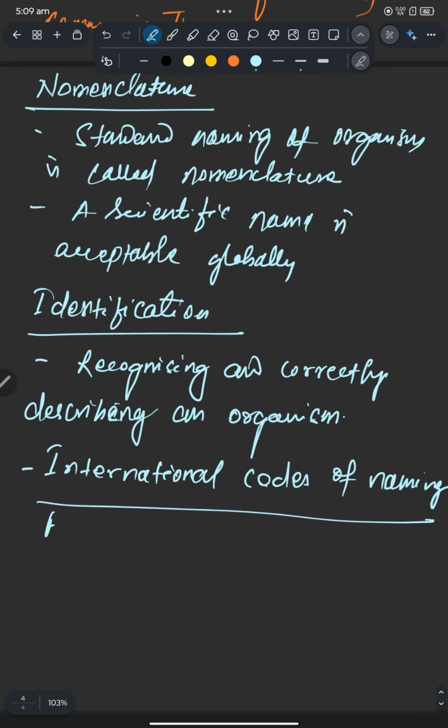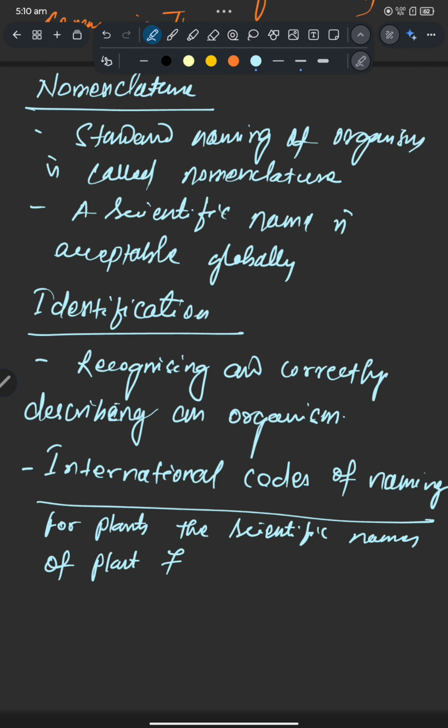So for plants, the scientific names of plants follow the international code for botanical nomenclature.